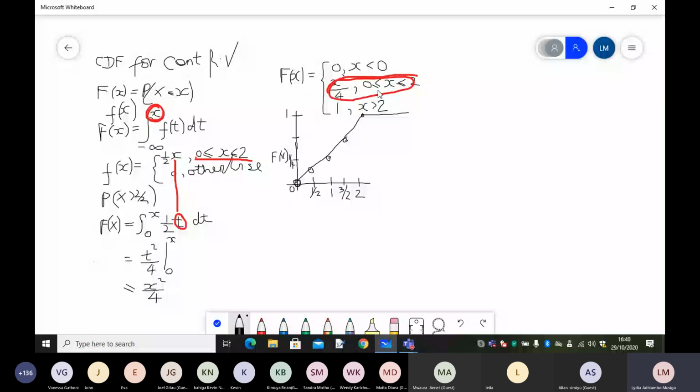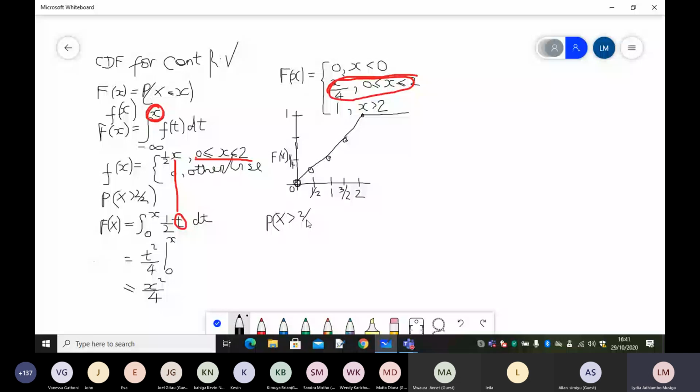Okay, so now we go to the second part of the question, which is asking the probability that capital X is greater than 2 over 3.